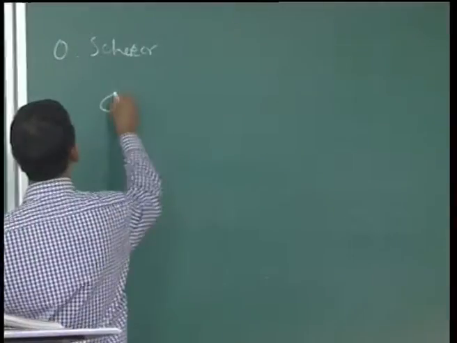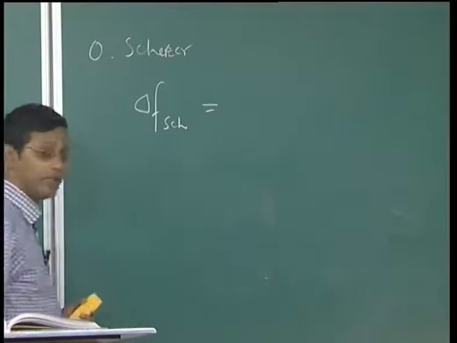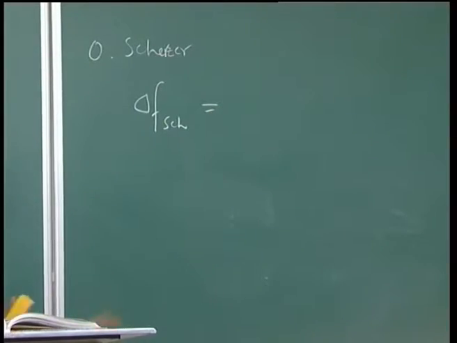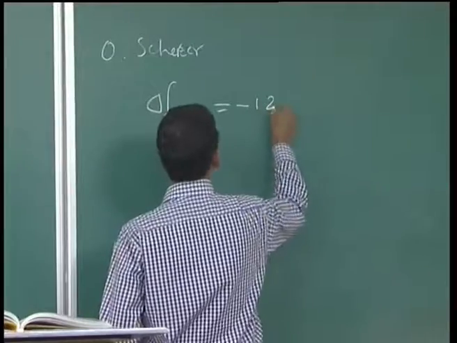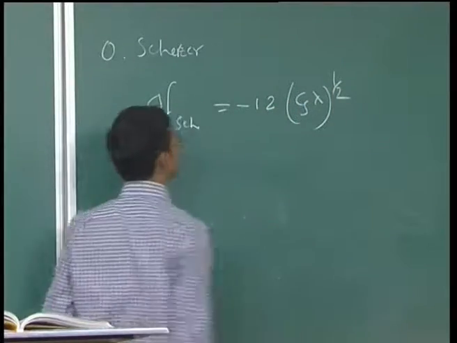That means I need to get a particular value of defocus where the effect of Cs can be balanced. This delta f is known as the Scherzer defocus, which is given by this formula: minus 1.2 Cs lambda to the power half.